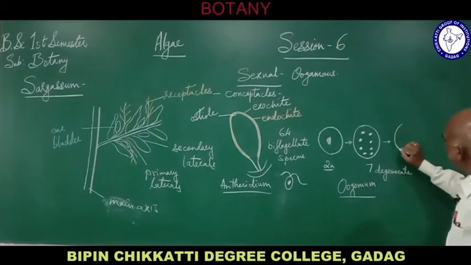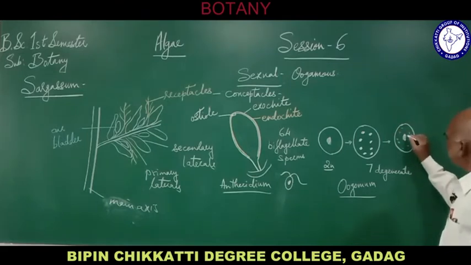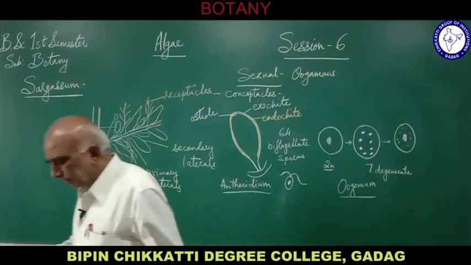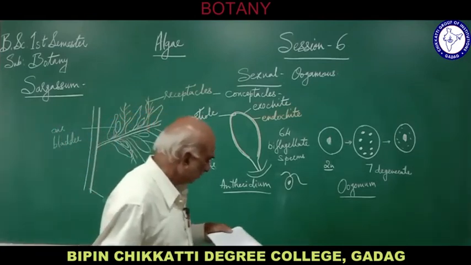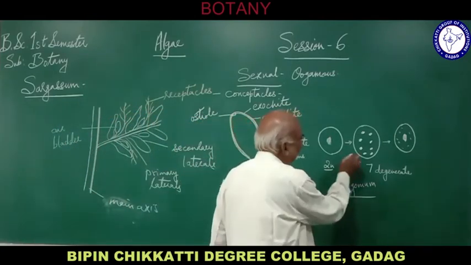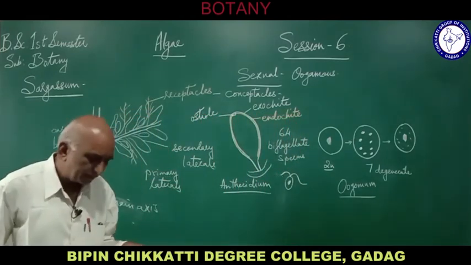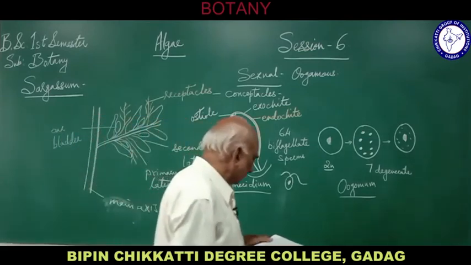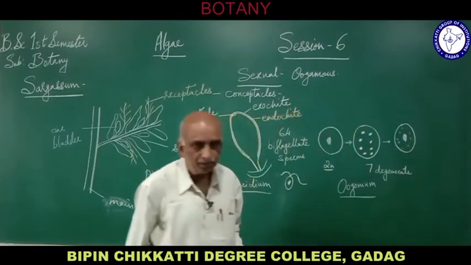So in a single oogonium only one nucleus will remain, and that forms the egg nucleus or the ovum, and that is how out of the total 8 haploid daughter nuclei which are formed by meiosis, only one will remain, 7 will degenerate, and at maturity you find only one nucleus remains in the oogonium.